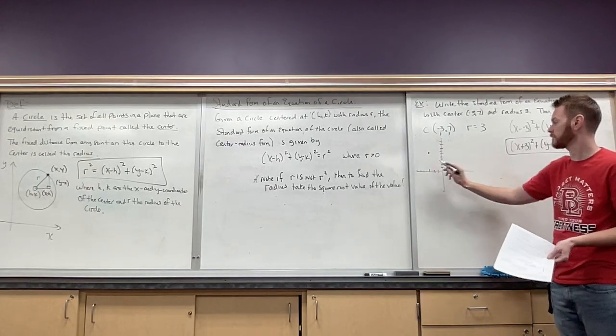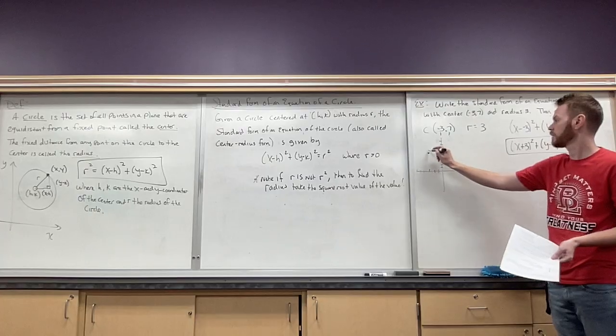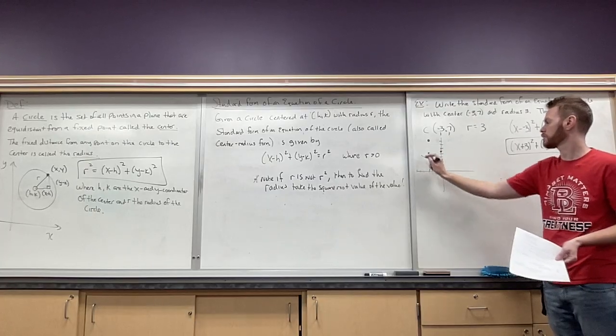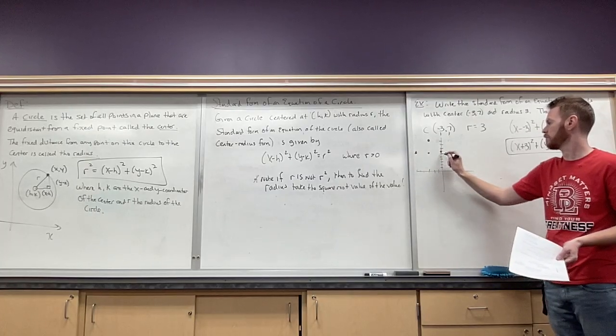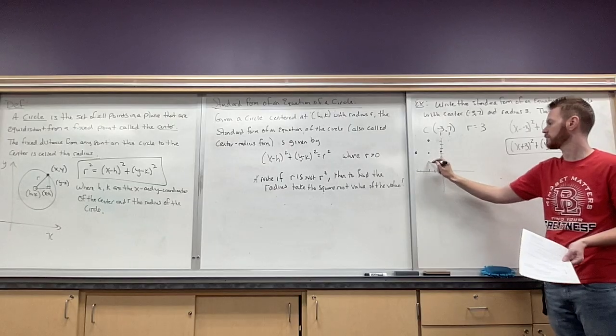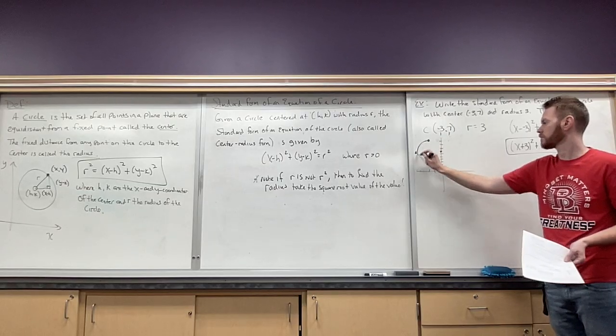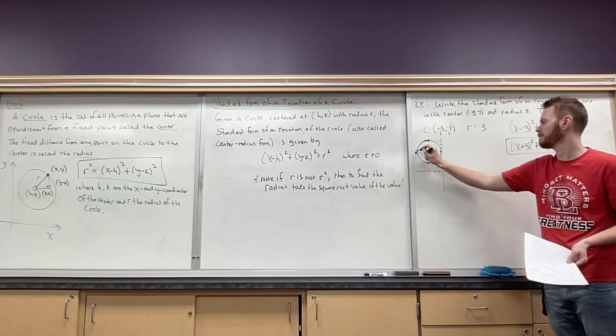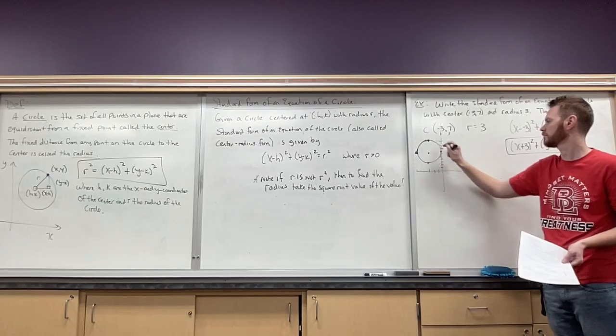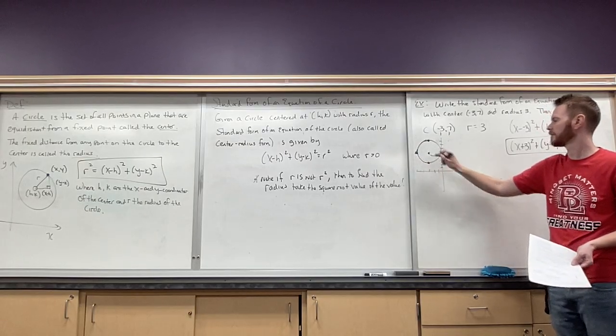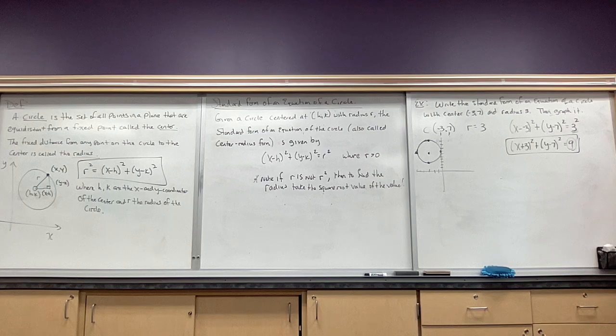So if I go 3 spaces out in this direction, there's a point, 3 spaces up here, 3 spaces across, and 3 spaces down. And then just draw your circle. I missed that point, didn't I? Well, hand-drawn graph. We do the best we can. But that's what I would do.